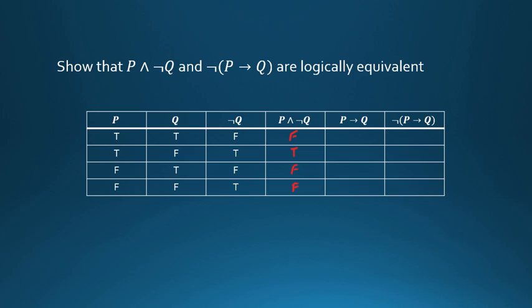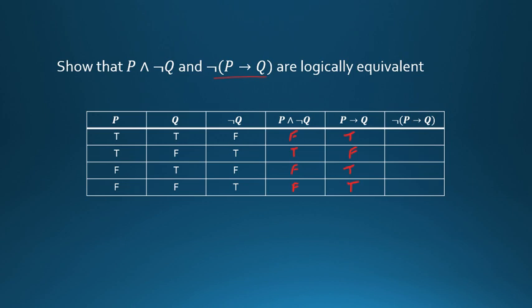The other logical form that we want to work with is not P implies Q, but let's come up with the column for just P implies Q, and then the final column will take the negation of those values. So again, P implies Q, going down, true implies a true gives me a true, true implies a false gives me a false, false implies a true gives me a true, and false implies a false gives me a true.